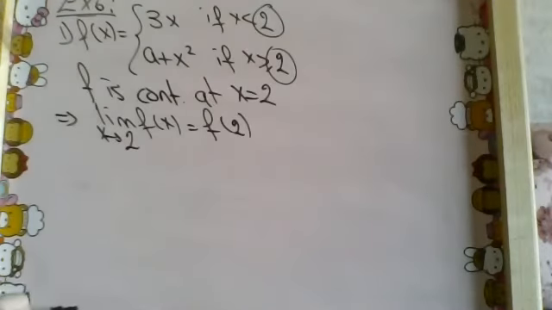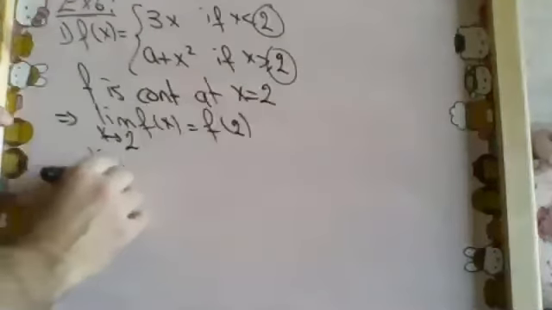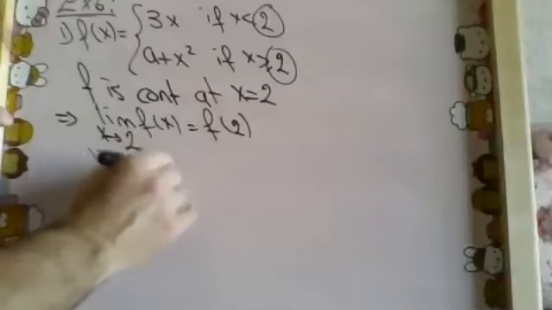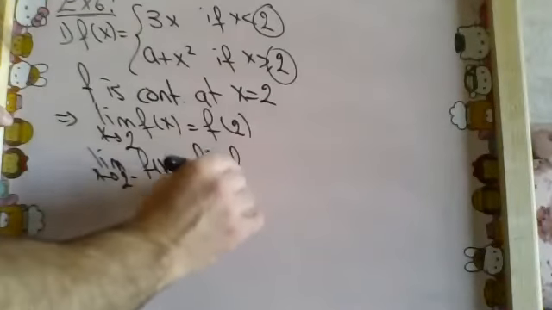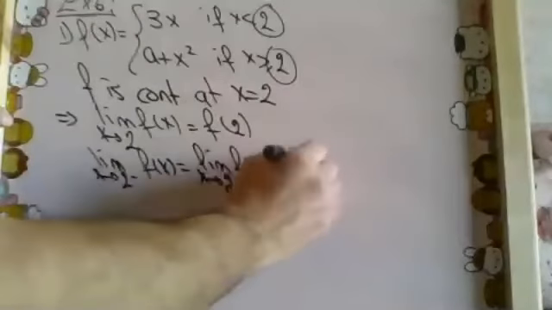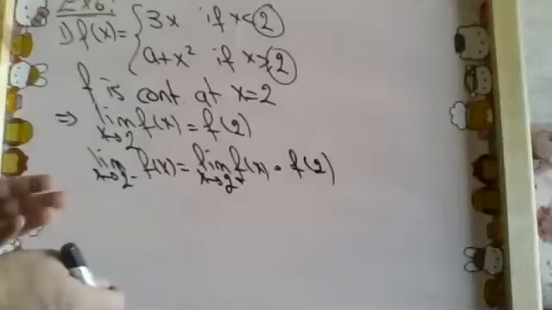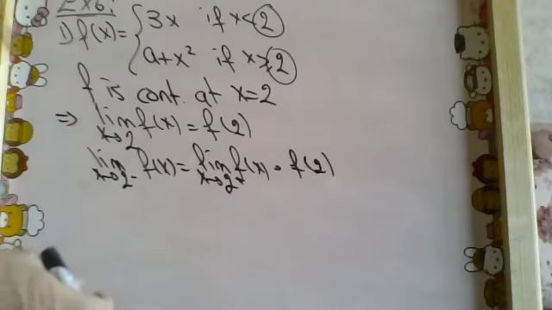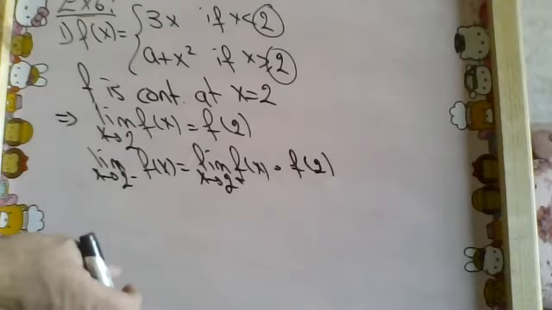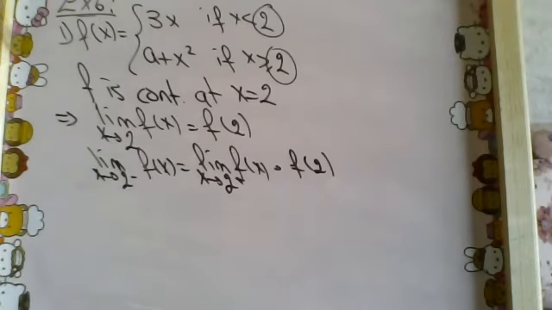Or in other words, the limit as x approaches 2 minus is equal to the limit as x approaches 2 plus, which is equal to f of 2. You can consider this given, because the problem says the function should be continuous everywhere, so it is continuous at 2, and these three are equal.